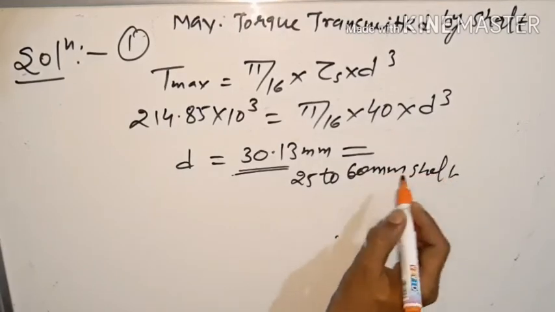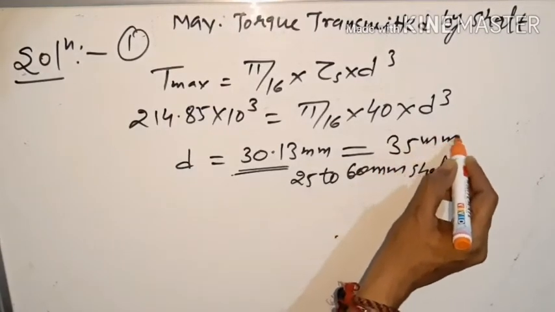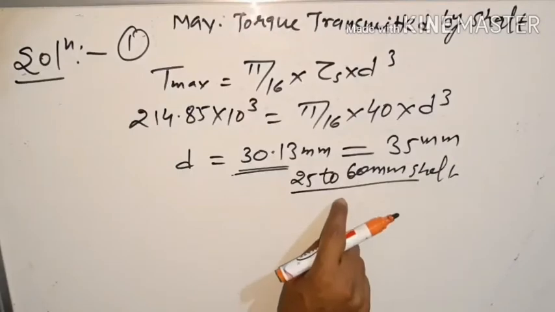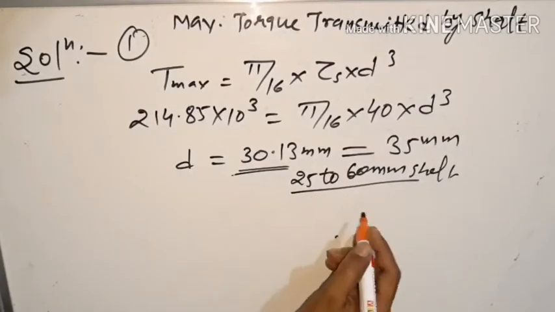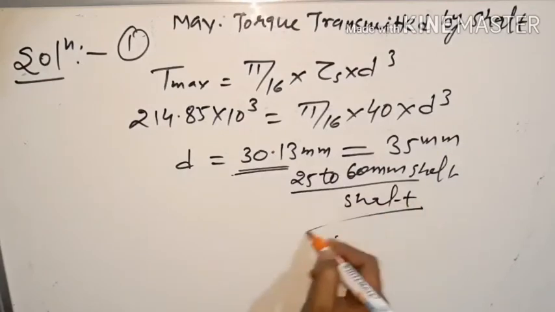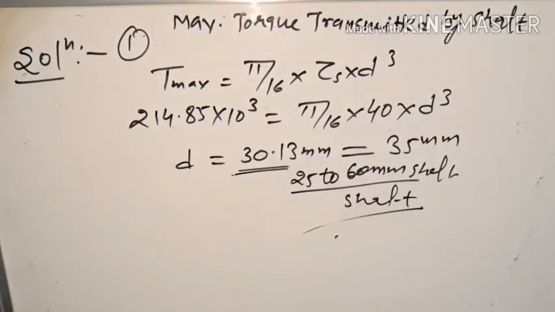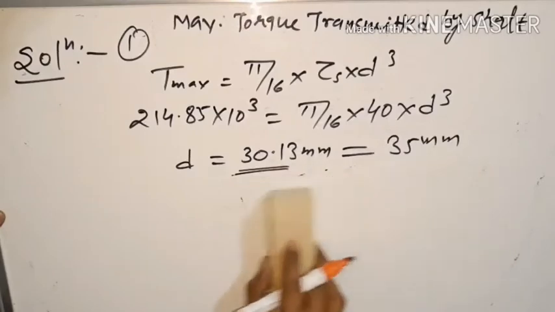So right now it is about 35 mm. We discuss this when we learn it in the lecture on shafts, so you can look at it from there. So this is your diameter of the shaft.